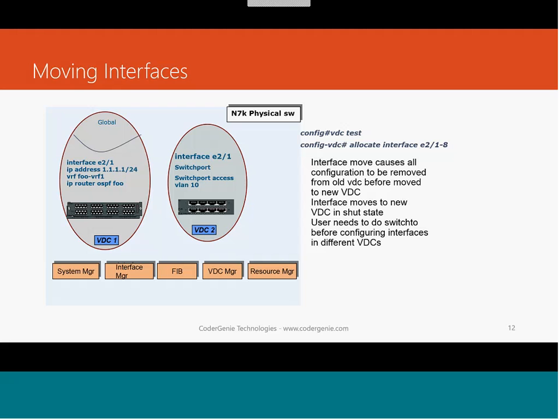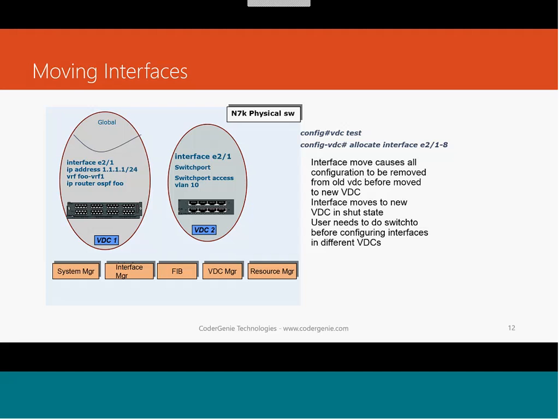One other question that is sometimes asked is, what happens if we delete a VDC? What happens to those interfaces? Once we delete a VDC, the interfaces which were allocated to that VDC don't go back to VDC1. They go to VDC0, which is the unallocated resource section.